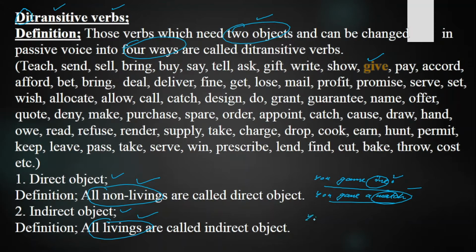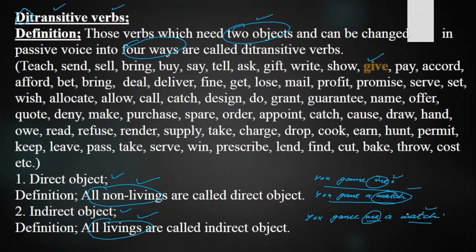Suppose I say, you gave me a watch. Now see, the sense is clear: you gave me what? A watch. You gave a watch to whom? To me.